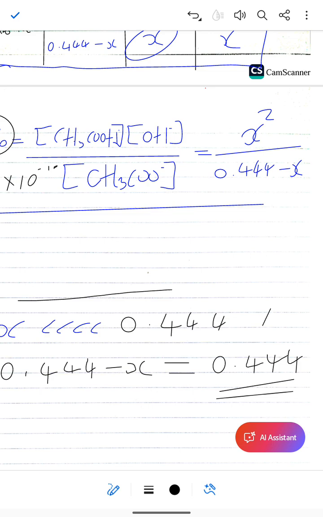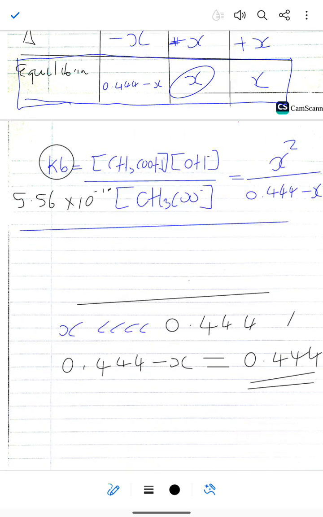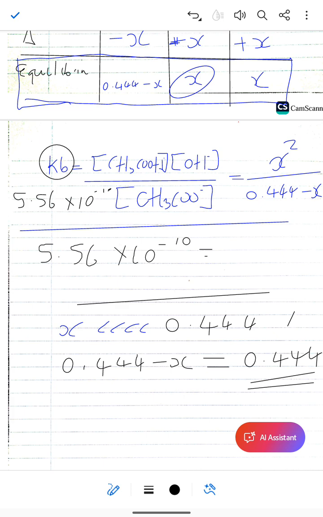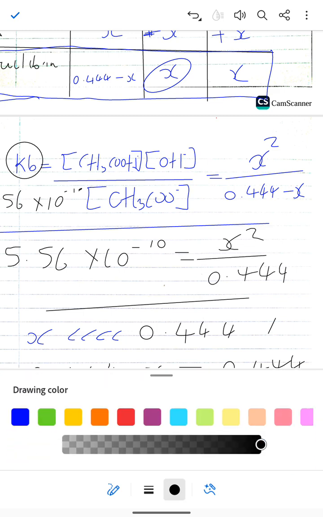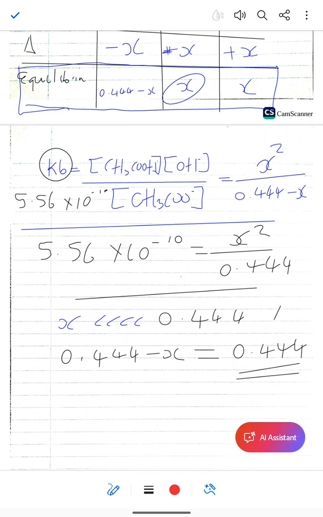So that means I can easily conclude and say 5.56 times 10 to the power negative 10, that's the Kb, is simply equal to x squared over 0.444, right?